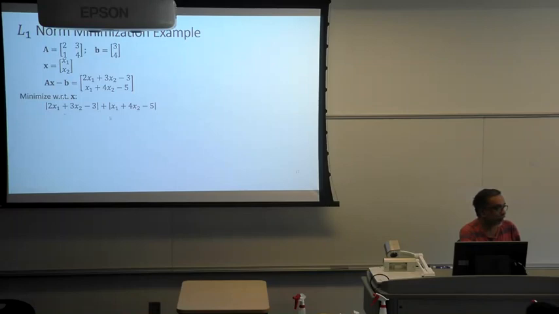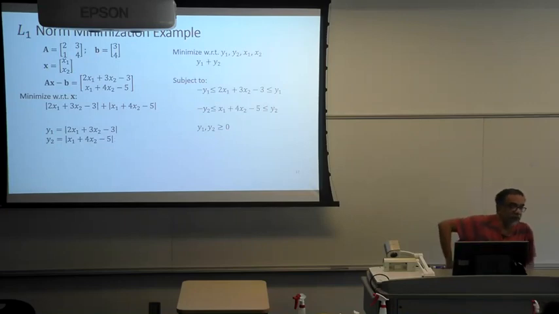This would be y1, this would be y2. Correct? And this is the equivalent linear programming problem. Minimize with respect to y1, y2, x1, x2, y1 plus y2. This is y1, this is y2, right? So that's what we want to minimize, subject to these constraints.